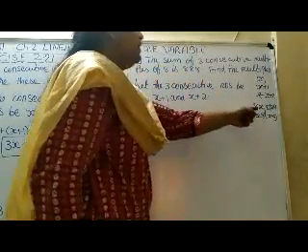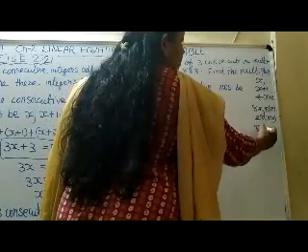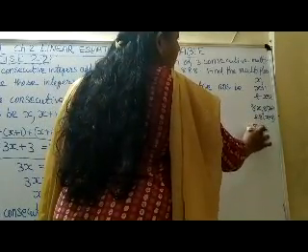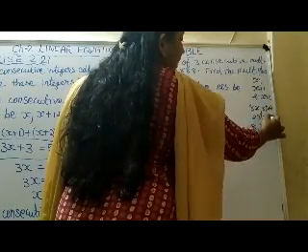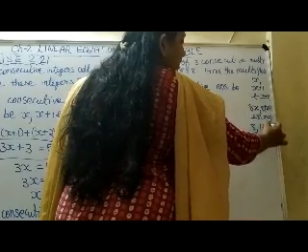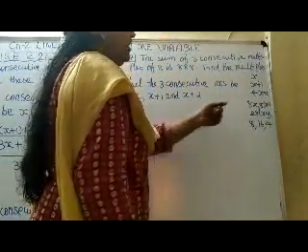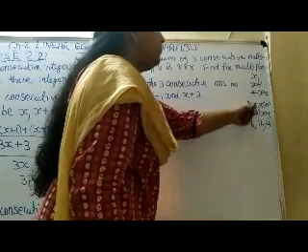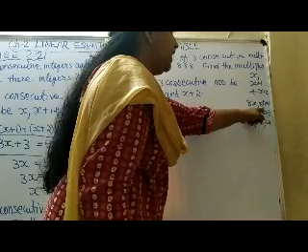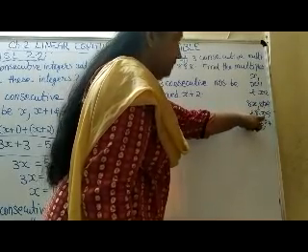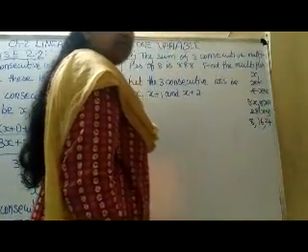If we put the value of x equal to 1, we get three continuous multiples of 8 as 8, 1 plus 1 is 2, 2 8s are 16, 1 plus 2 is 3, 3 8s are 24. If I give x equal to 10, I get 8 into 10, 80, 10 plus 1 is 11, 11 into 8, 88, and the next one, 10 plus 2, 12, 12 into 8, 96.